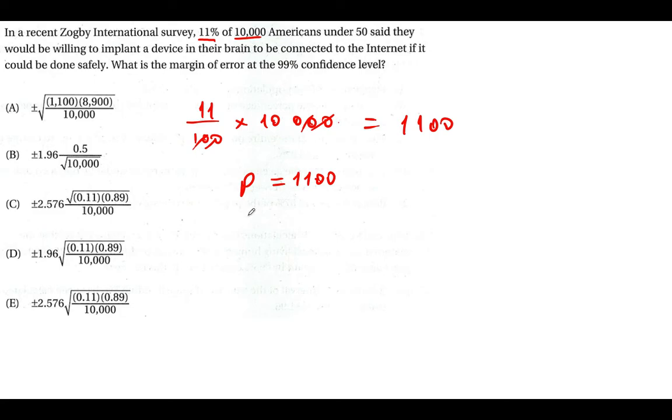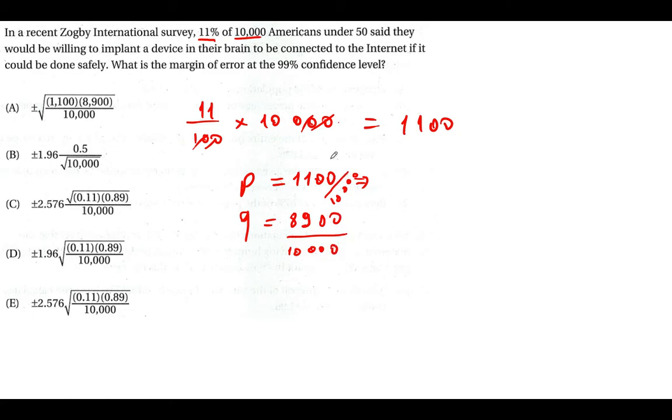Now Q, which is 10,000 minus this, will be 8900. This is the number of people. But I think I need the proportion instead of this, so I can divide by 10,000.